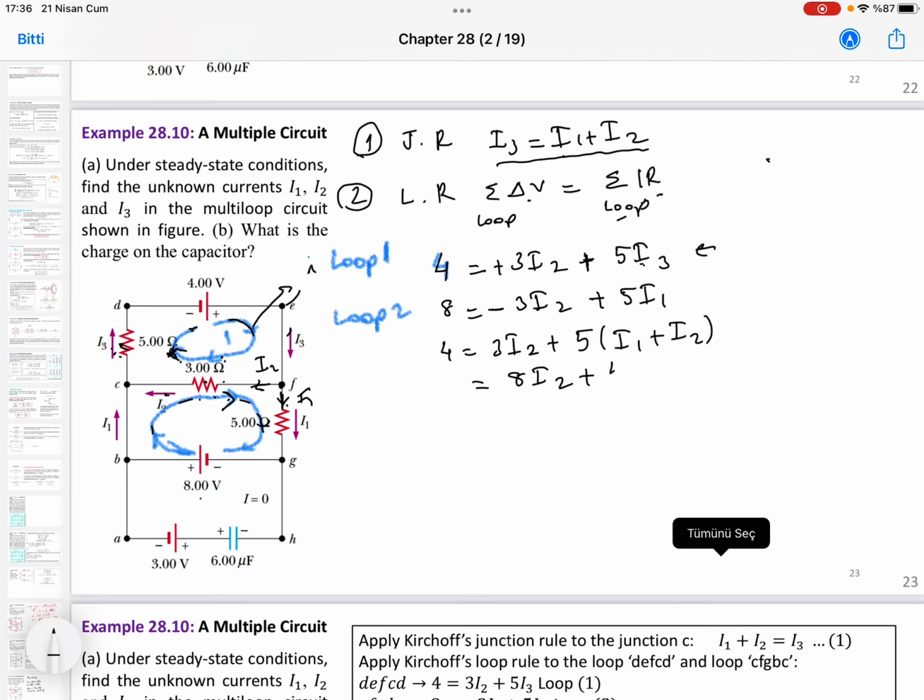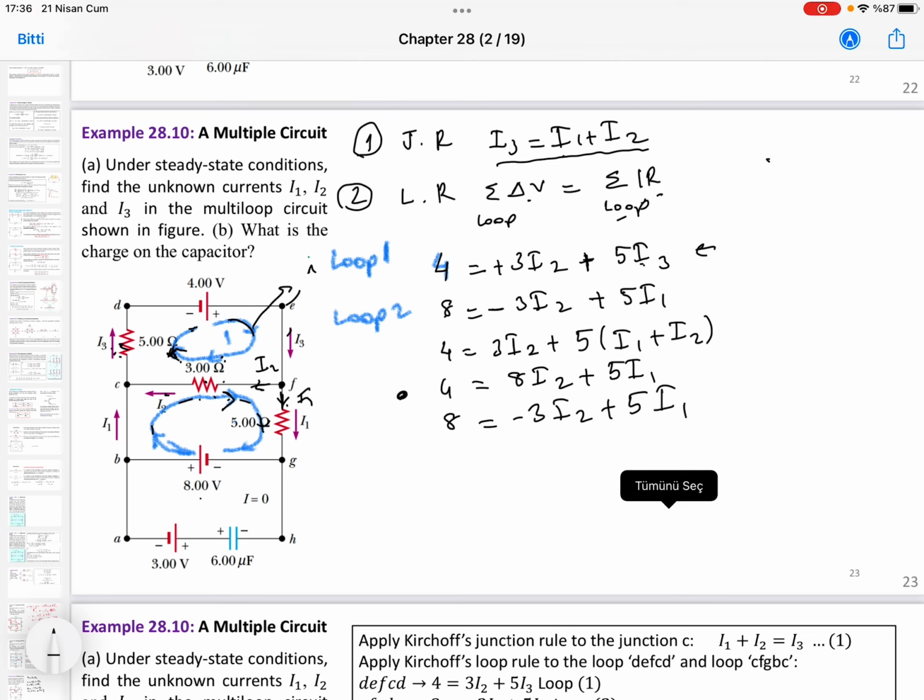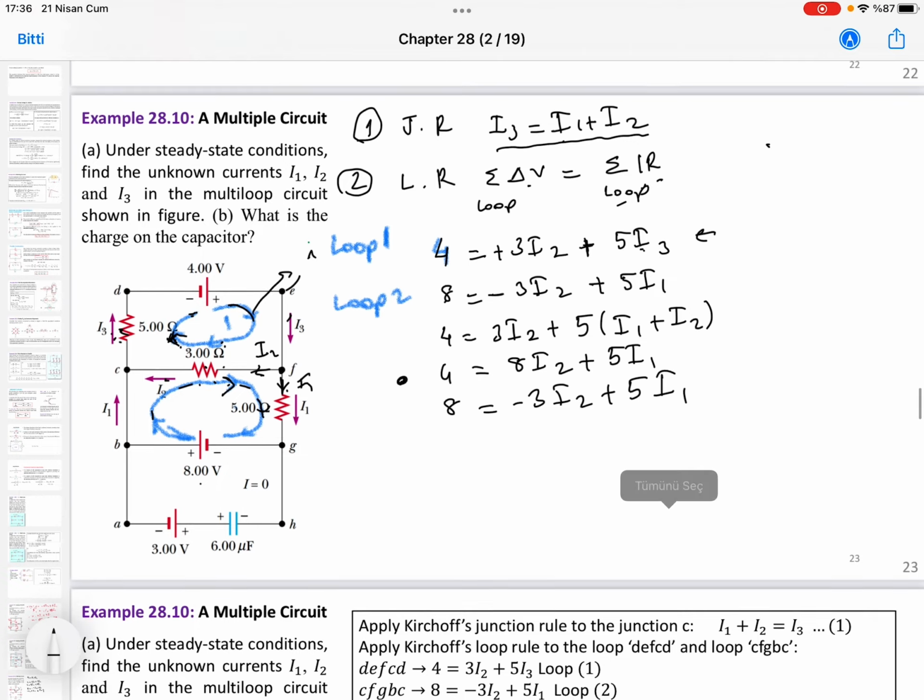8I2 plus 5I1 equals 4. Okay, this is the second equation. I will use the first equation, which is this one. If you put all the information here, okay, this is the math part, please solve it.